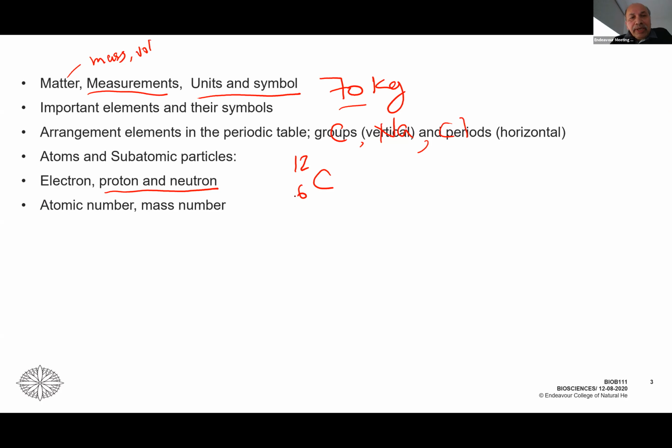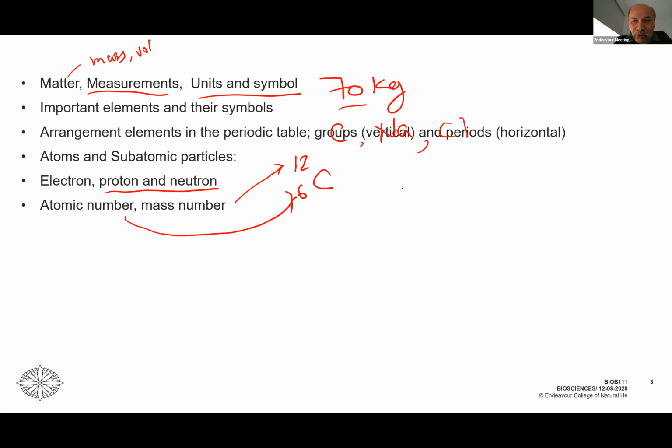So what does the big number stand for? Mass number. Good, mass number. So that is your mass number. And the small number is our atomic number. Good. You will take the difference between the big and small number, that will give you the number of neutrons. Yes, neutrons, correct.